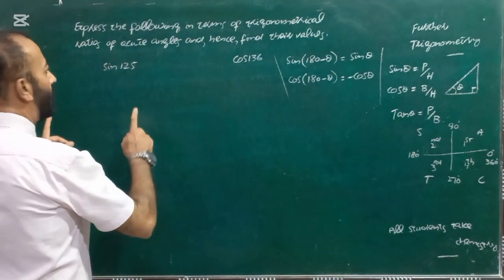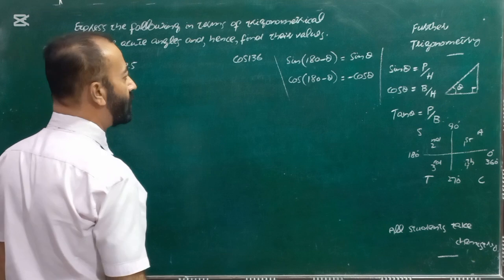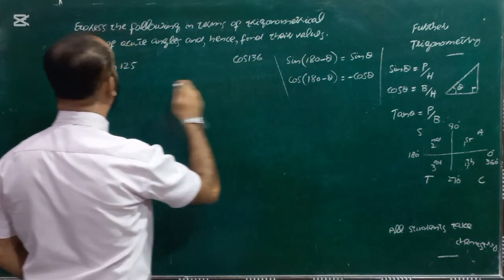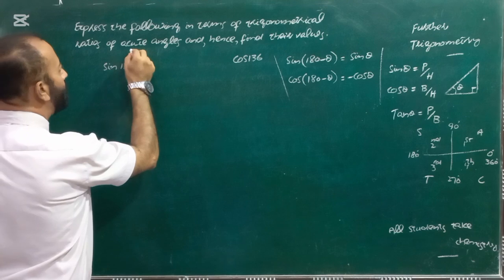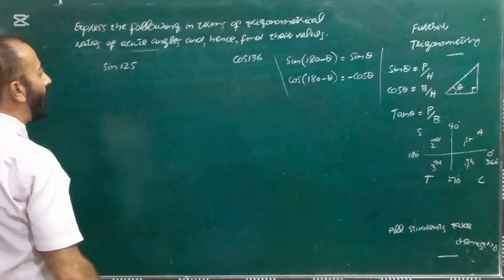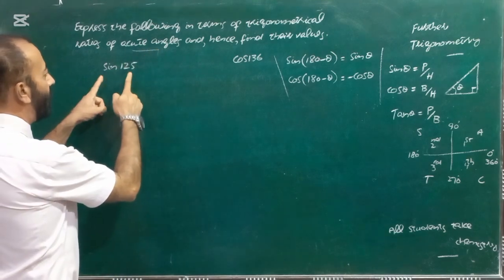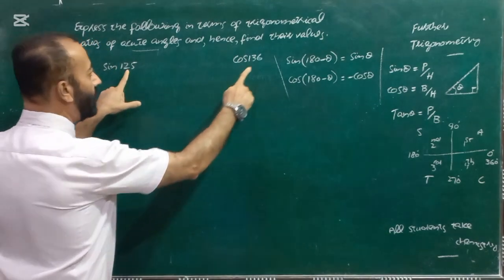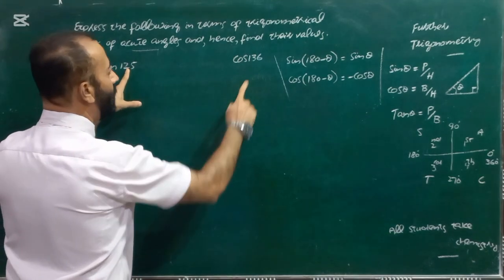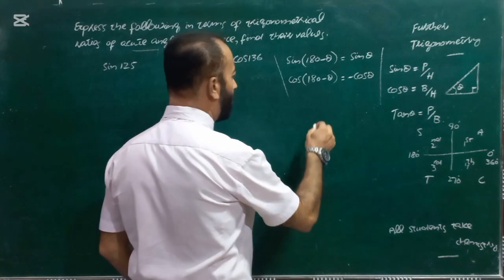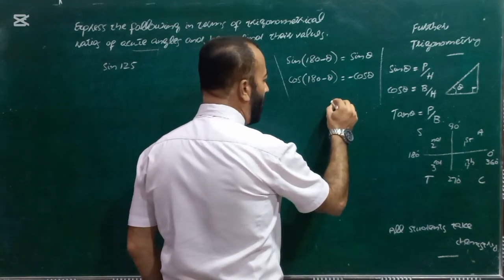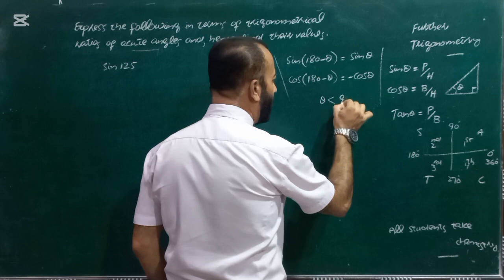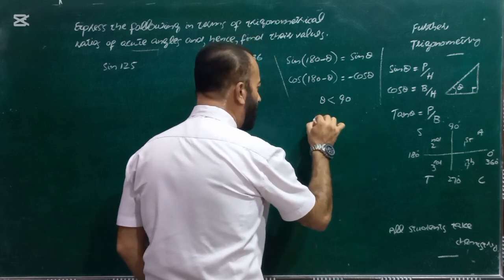Here are two questions that will make your concepts more clear. Express the following in terms of the trigonometrical ratios of the acute angles. So first we have to represent these two angles into acute. Right now they are obtuse angles. So here are more concepts. If theta is lesser than 90 degree, that will be acute angle.